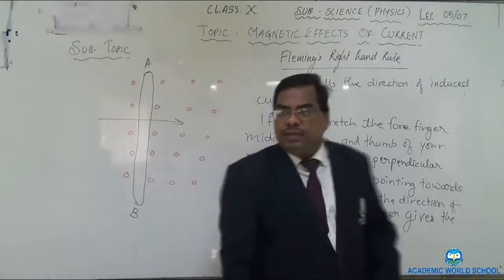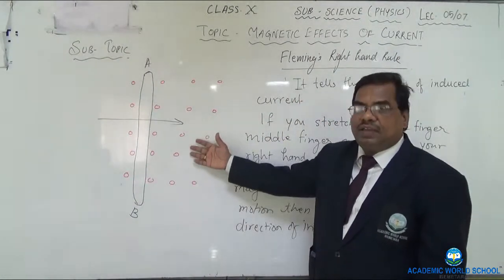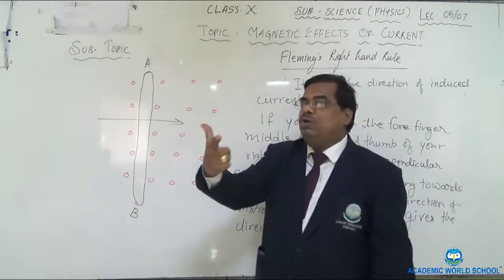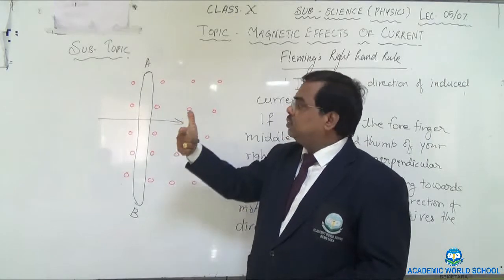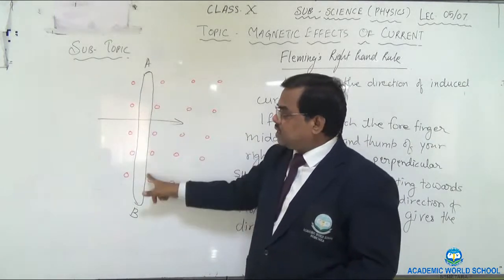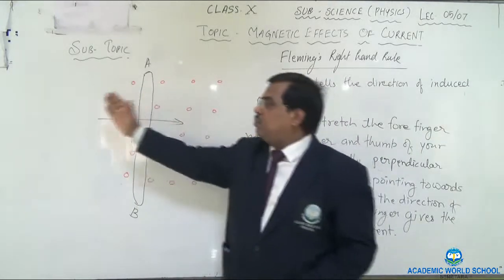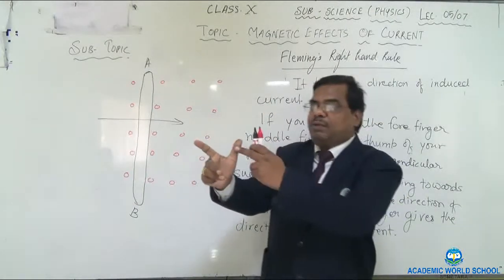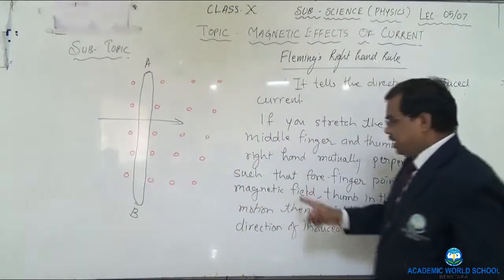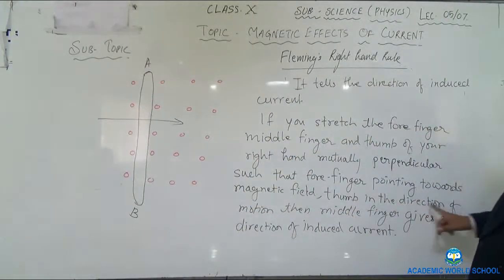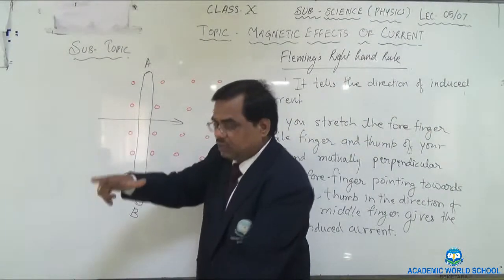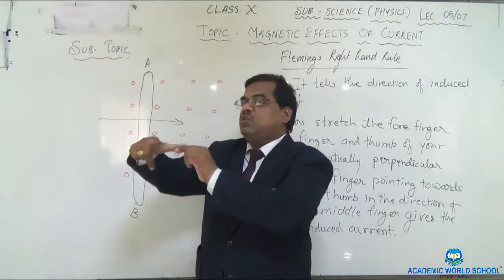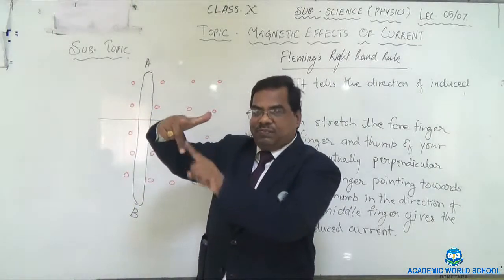Now see, the magnetic lines are emerging out. So the forefinger will be towards outward. The direction of motion of this conductor AB is from left to right. So thumb is in the direction of the motion. So where will you keep your thumb? Thumb will be from left to right. So what is the direction of the middle finger?